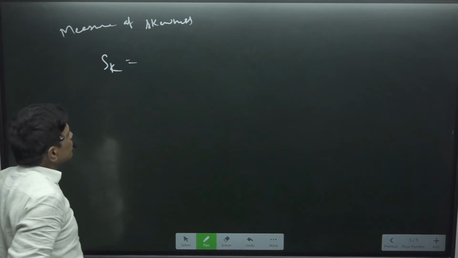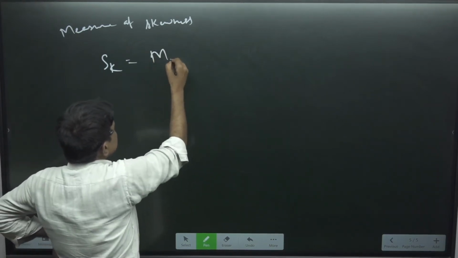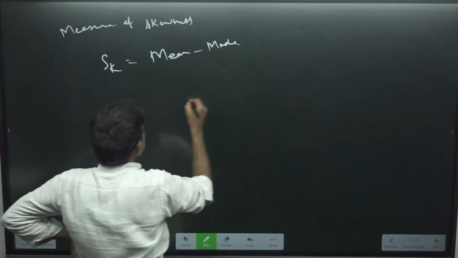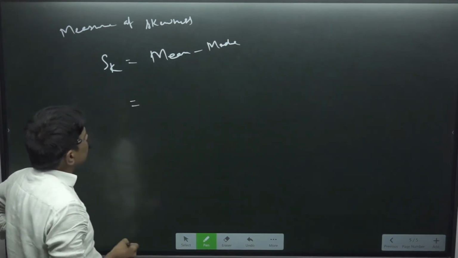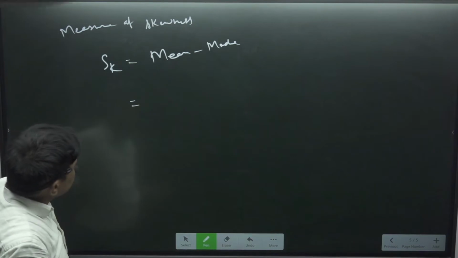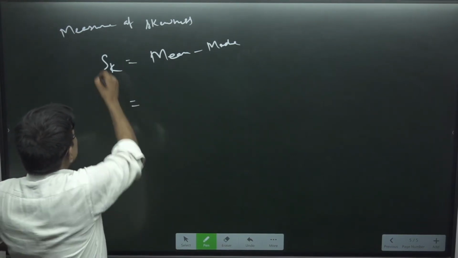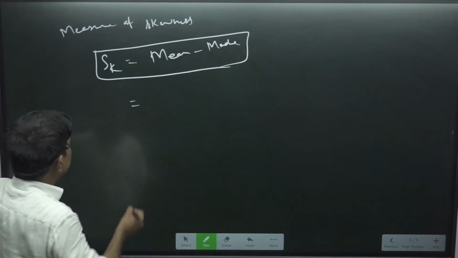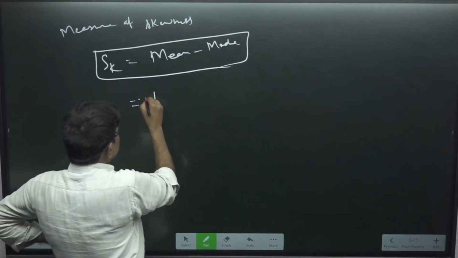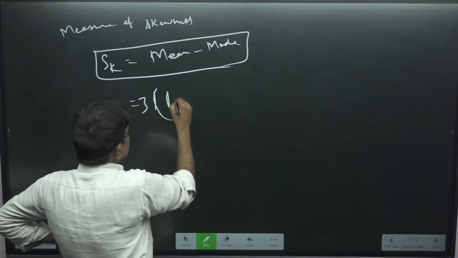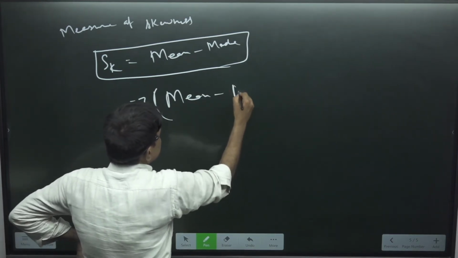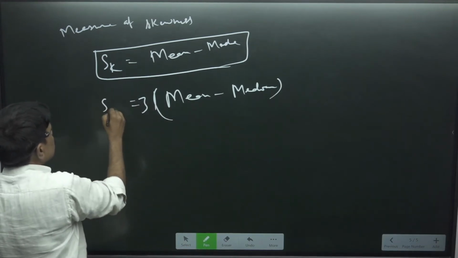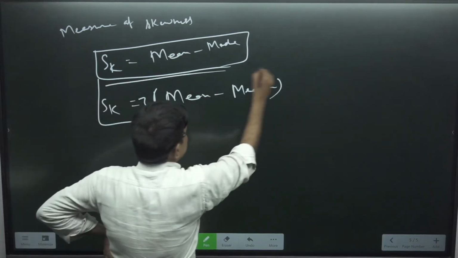SK is mean minus mode, or if mean and median are given, the skewness is 3 times of mean minus median.